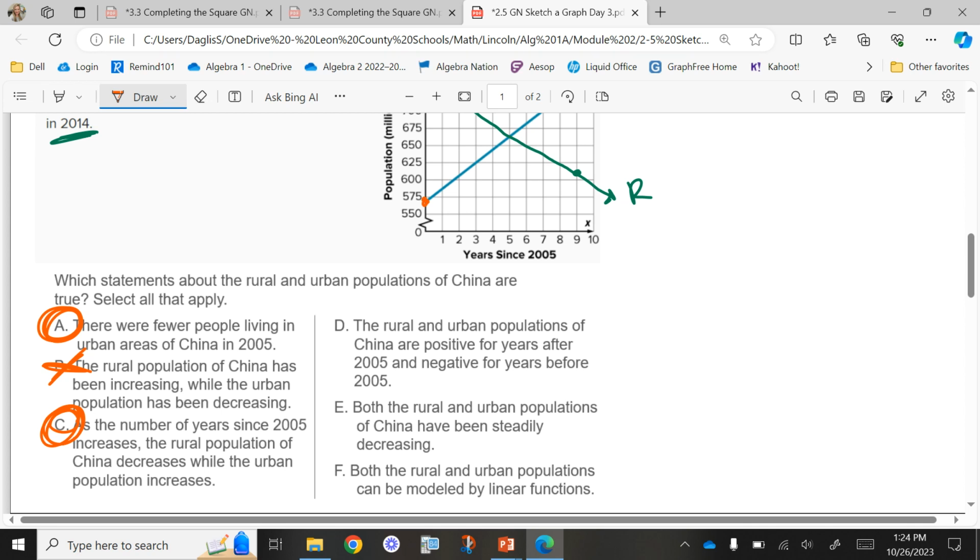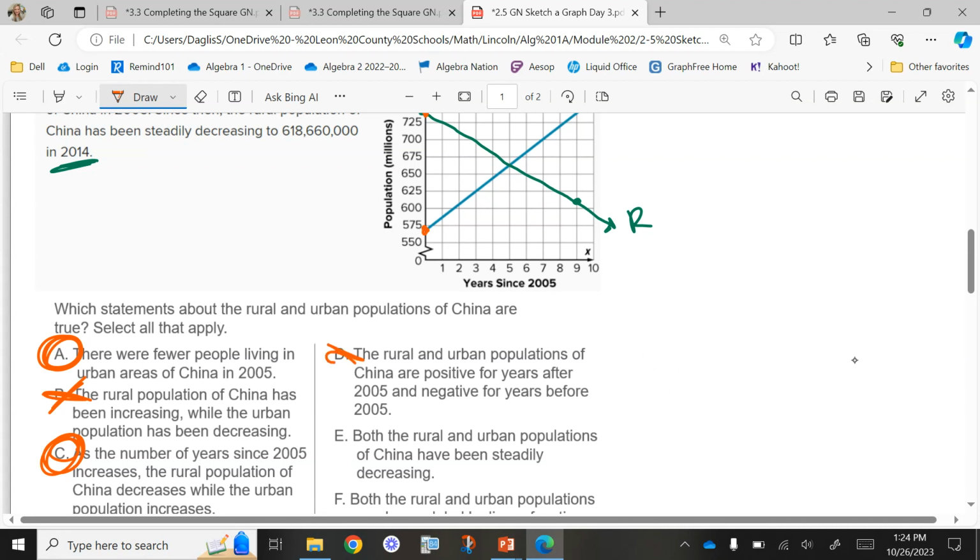The rural and urban populations of China are positive for years after 2005 and negative for years before 2005. Close. Can you have a negative population? No. No, that doesn't make sense. No, that's not happening. All right, both the rural and urban populations of China have been steadily decreasing.